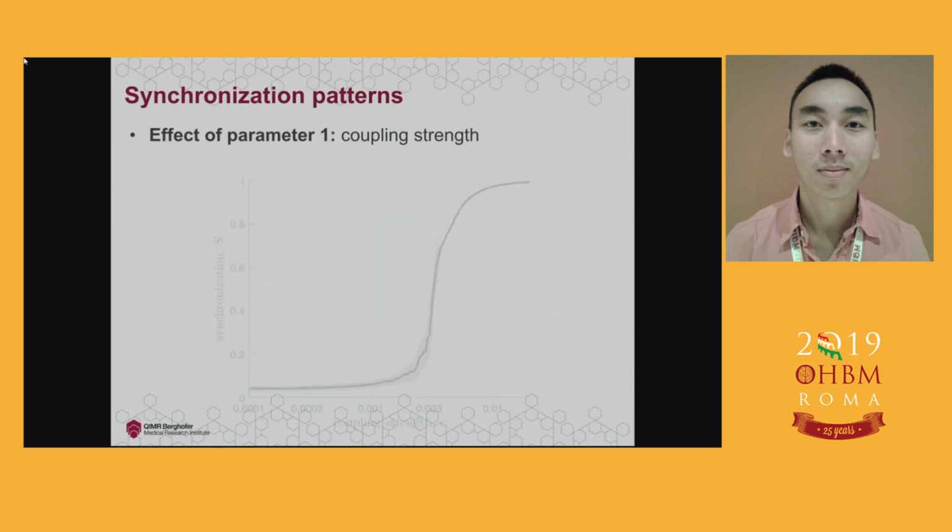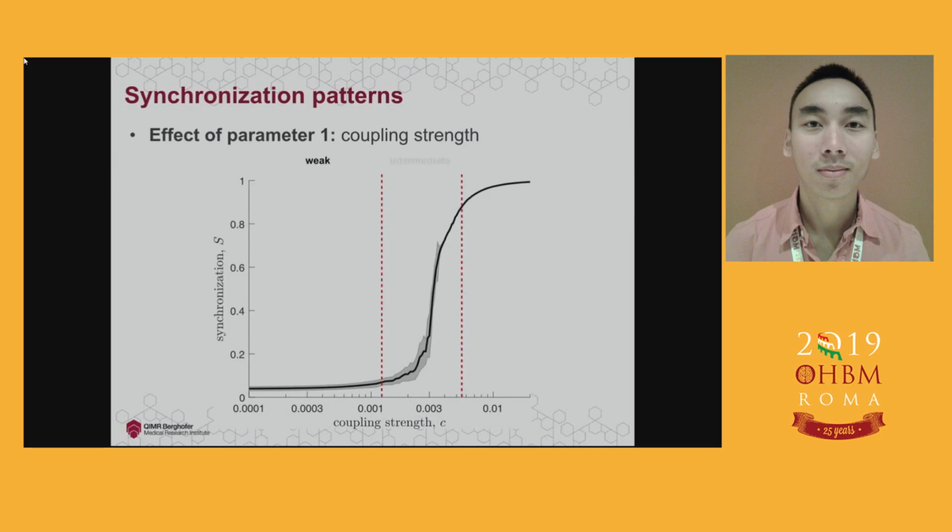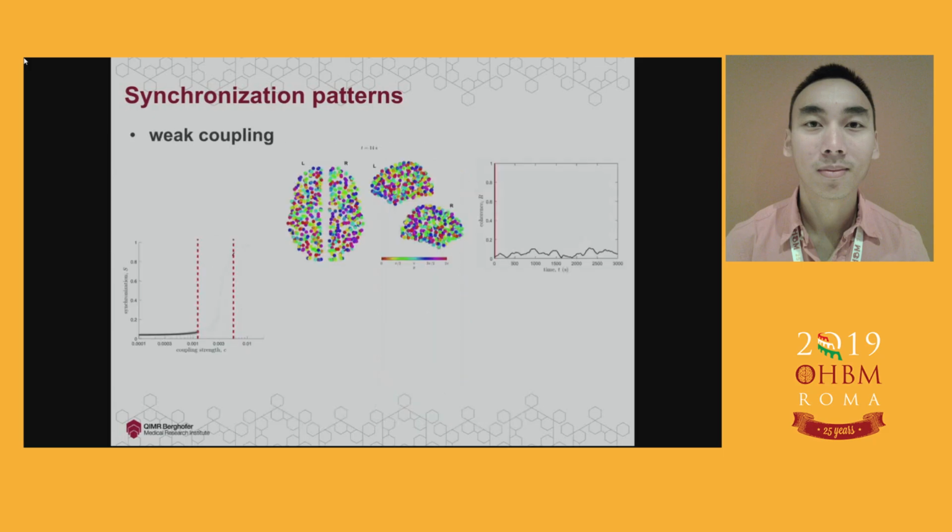So what do we find? By just tweaking that single parameter C, we may be able to find different regimes of synchronization patterns. Weak coupling strength will lead to very random oscillations wherein you don't see any significant patterns.